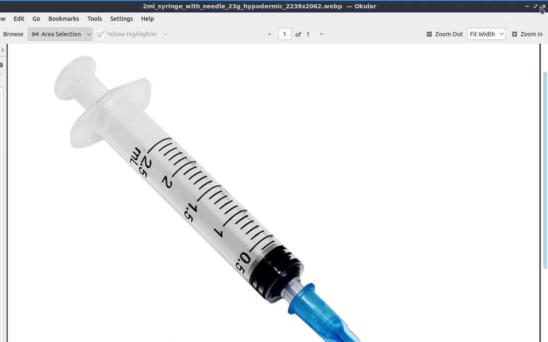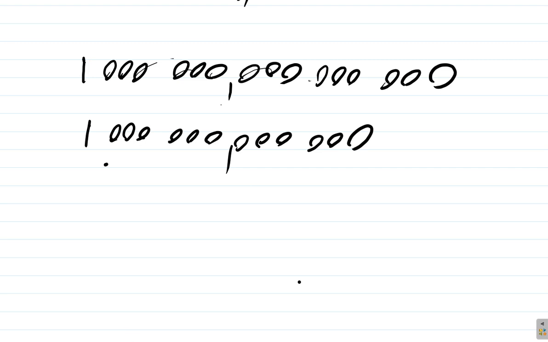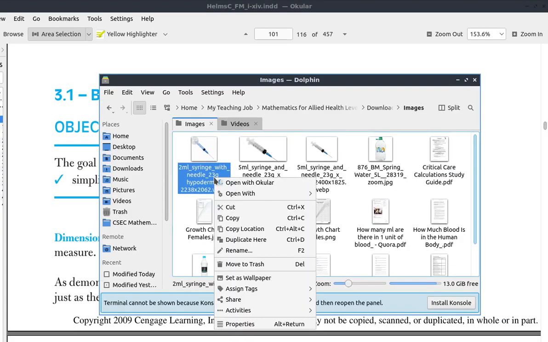Now, when you talk about this particular measurement, remember that a milliliter is really the size or the volume of a cube that measures 1 centimeter by 1 centimeter by 1 centimeter.